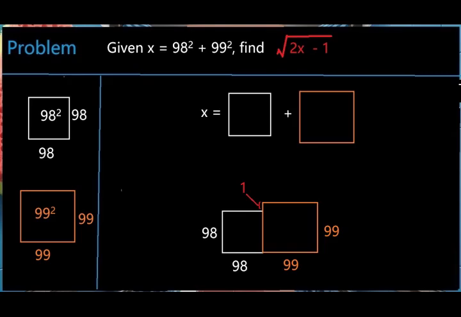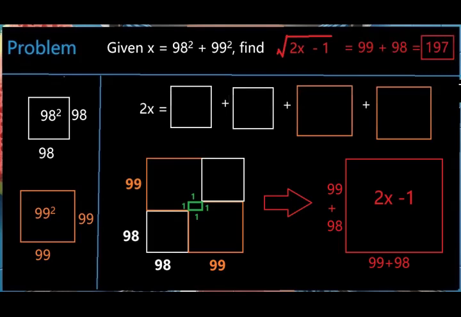By placing the two squares side by side, we can clearly see the 1 unit difference between their side lengths. Then 2x represents the total area of two squares with side length 98 and two squares with side length 99. If we arrange these four squares side by side, as shown on the screen, they form a larger square whose side length is 98 plus 99.